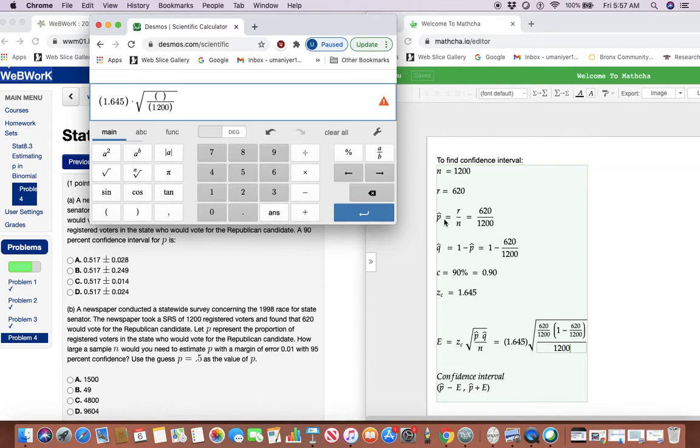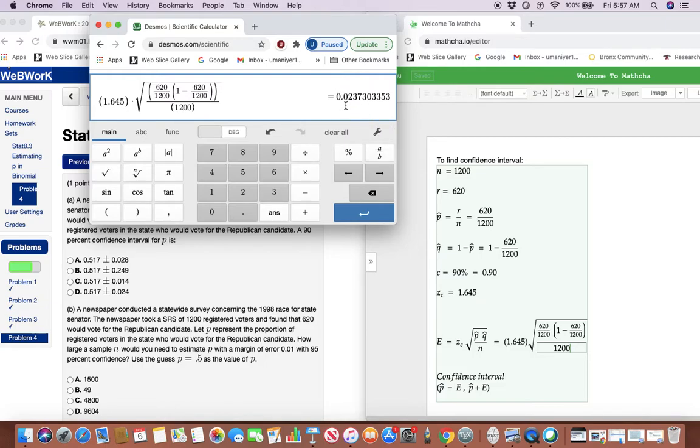First is P hat, 620 divided by 1200, times the parenthesis 1 minus 620 divided by 1200, close parenthesis.